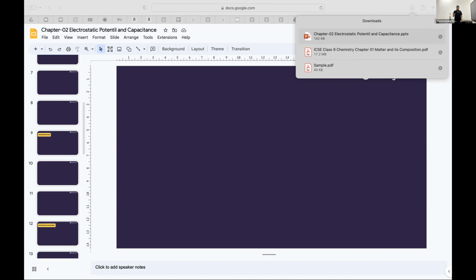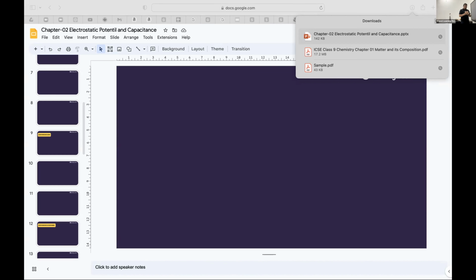That is a basic outline of these three words. In the previous chapter, we had the charges placed in different orientations, and we either calculated the force or the electric field. Now, we are going to calculate electrostatic potential energy or electrostatic potential, and apply it for different systems of charges.